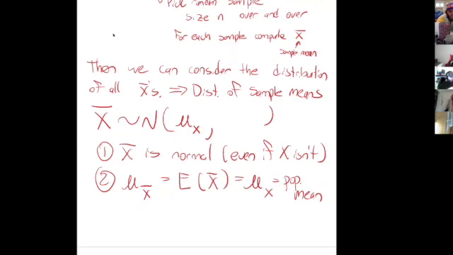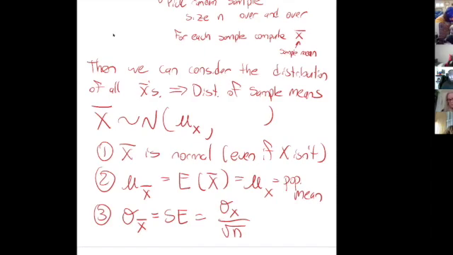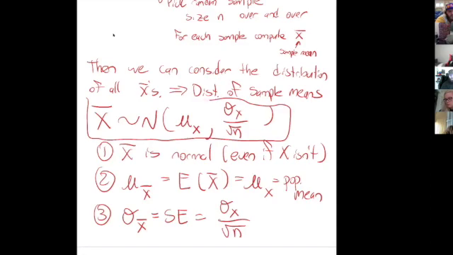And then the last observation is probably the trickiest one, which is if we want to describe the standard deviation of the sampling distribution, remember we call that the standard error. And this is much less than the standard deviation of the population. So we need to scale this down by a factor of square root of n, our sample size. So the central limit theorem gives us a way of theoretically describing the distribution of sample means.